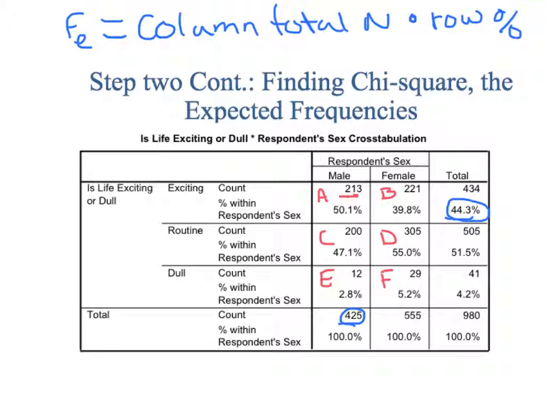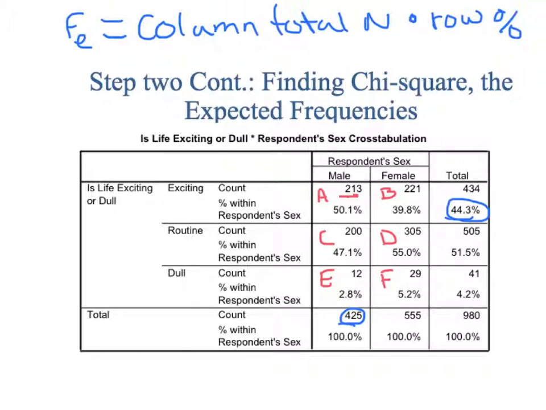Now the reason why we do this is because if men and women were the same, so if there were no differences between men and women or males and females in whether or not they find life exciting, then the percentage of people who find life exciting should be the same for males and females. So we know that overall in our sample, 44.3% total find life exciting.